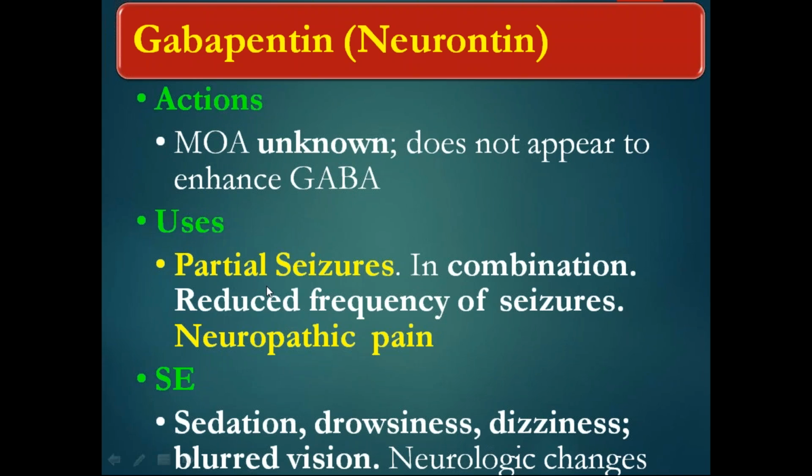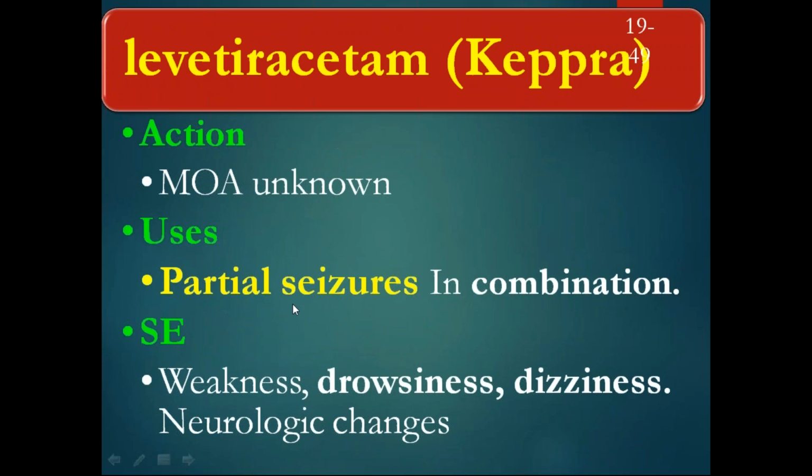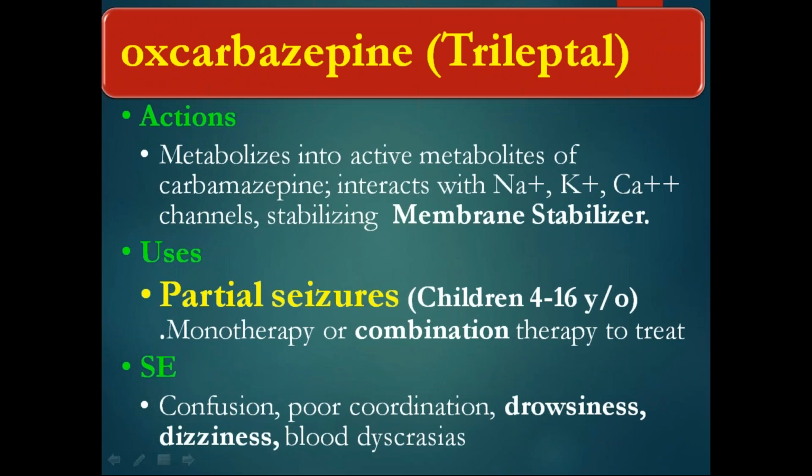Gabapentin, Neurontin, for partial seizures, can be used for neuropathic pain. Keppra, that is for partial too. That is going to cause weakness, drowsiness. Please just remember this. Be familiar with these names. Keppra, mostly they are going to give you Keppra or levetiracetam. Oxcarbazepine is the Trileptal, for partial seizures.